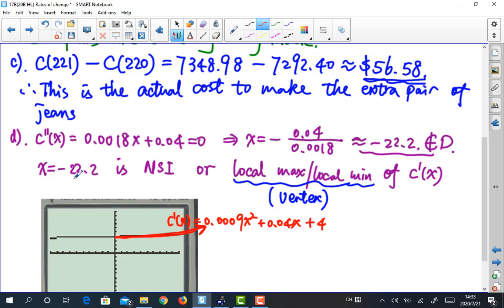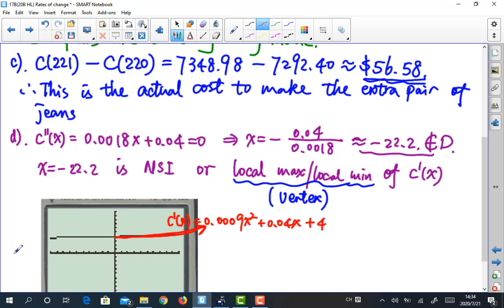But based on the calculus knowledge, we should know this 0 of the second derivative should be either a non-stationary inflection point, or you can have the local maximum or local minimum of the first derivative function, since the second derivative is the first derivative of the first derivative function. And look at the C prime x, which is a quadratic function with positive leading coefficient, so it should open upward. So this value should produce a local minimum of the C prime x.